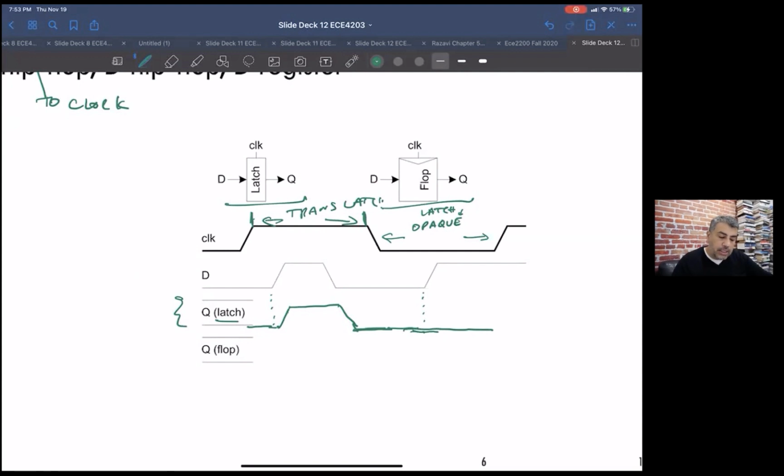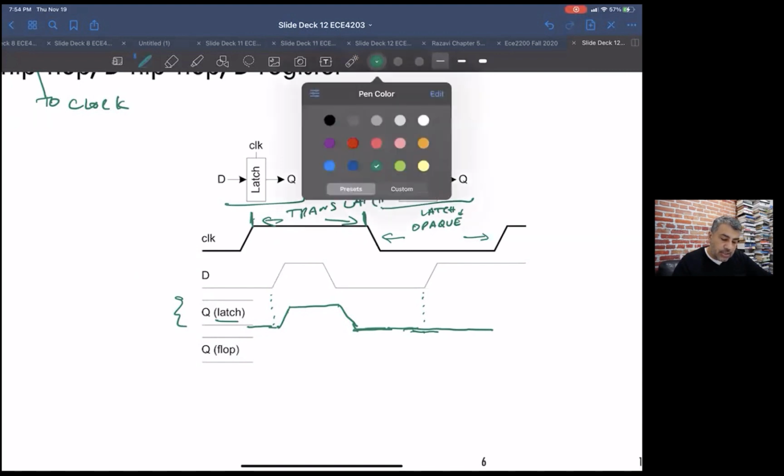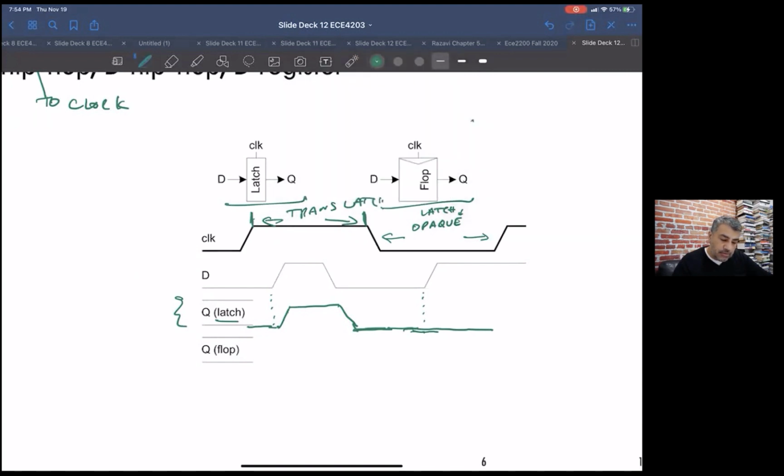But as long as the clock is high, you'll follow whatever your input does with a little bit of delay.